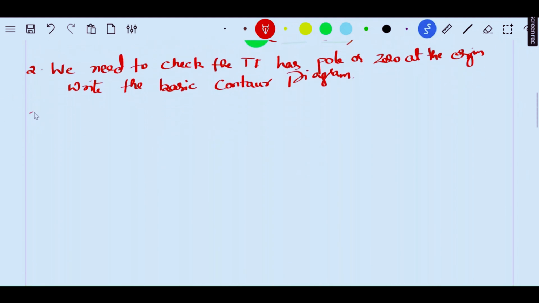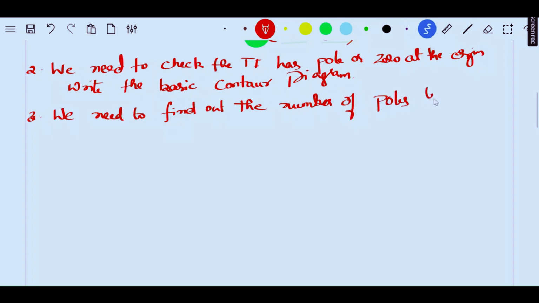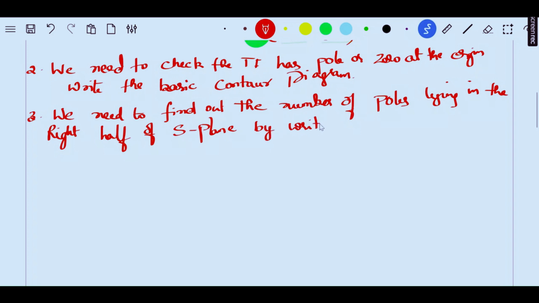Coming to the third step, we need to find out the number of poles lying in the right half of the S plane by writing the pole zero diagram.